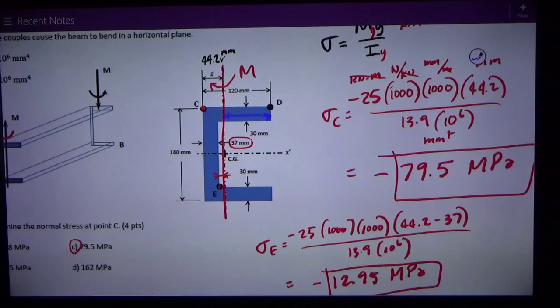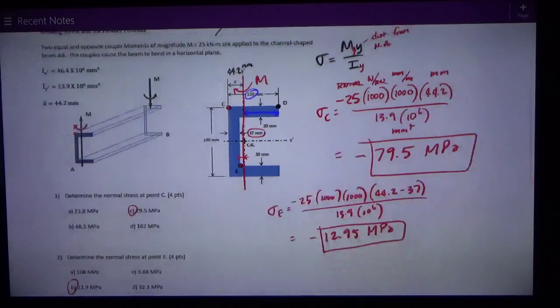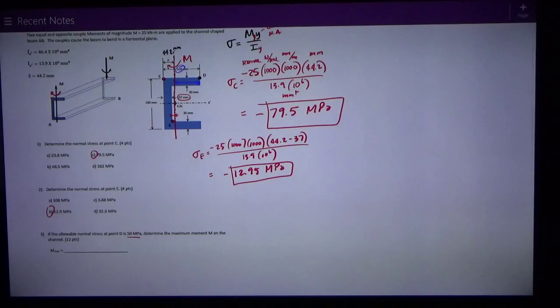But I can from this 120, the width of the flange of the channel, and just rearrange my equation. I have sigma is equal to My over I, therefore M is equal to sigma I over y.